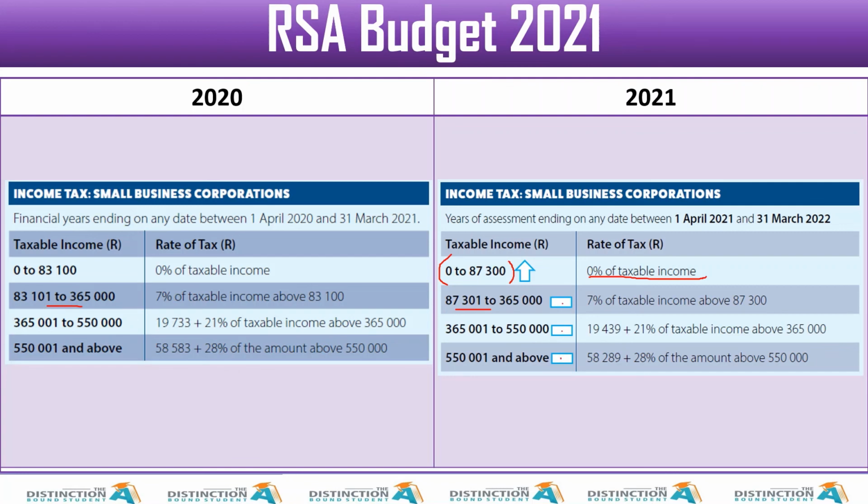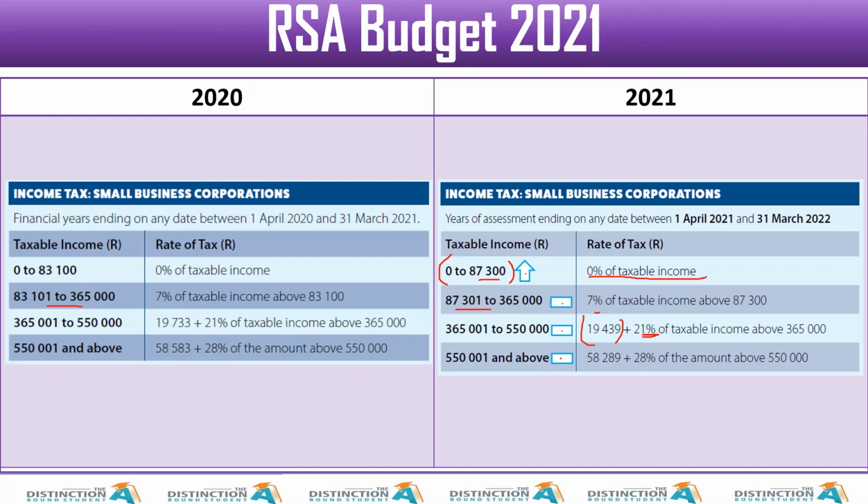What increased is the bracket, basically. So between 0 and 87,300 is zero tax. Any income above 87,000, you start paying 7%, and then you pay this plus 21% and so on.